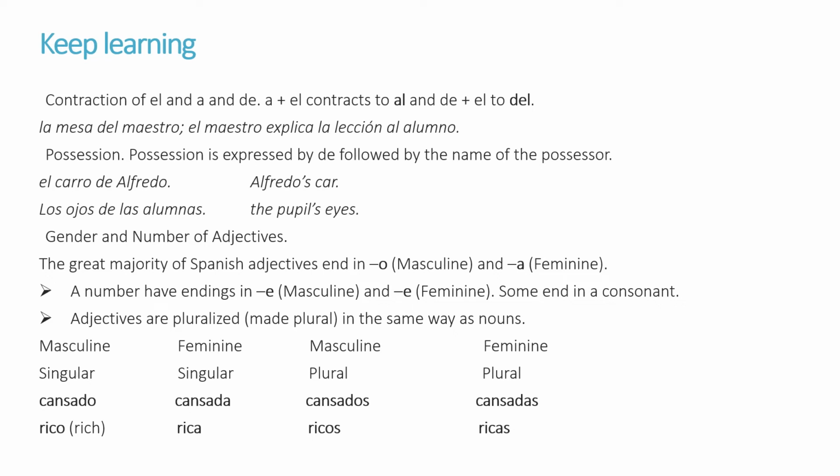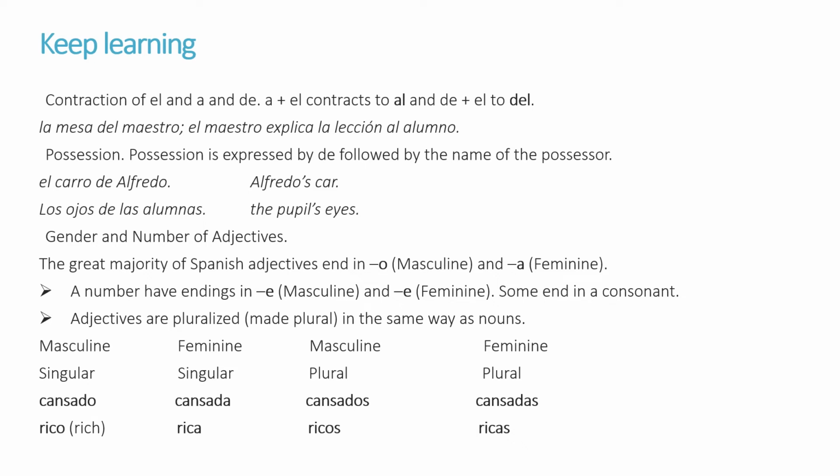Another important concept to learn is adjectives, as with nouns and articles. They also have gender, and they can also express singular or plural. The great majority of Spanish adjectives end in o, masculine, or in a, feminine.